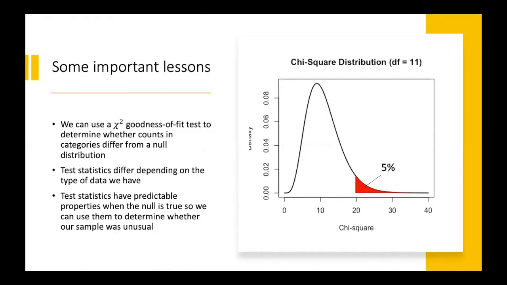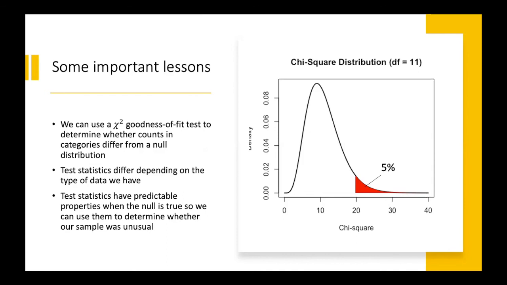So in this video, we've covered several important lessons. The first is that we can use a chi-squared goodness of fit test to determine whether counts in categories differ from a null distribution based on null proportions. But we've also learned about some other more general lessons. The first is that test statistics differ depending on the type of data that we have. The reason we calculate different things for different types of data is that these different test statistics are really useful because they have predictable properties when the null hypothesis is true.